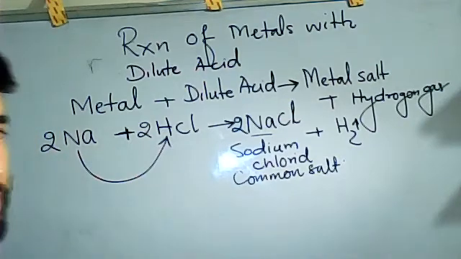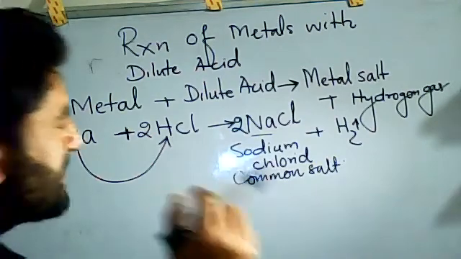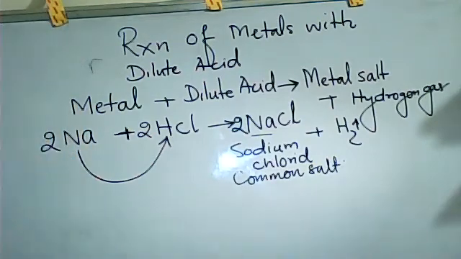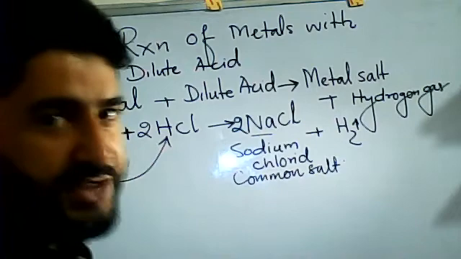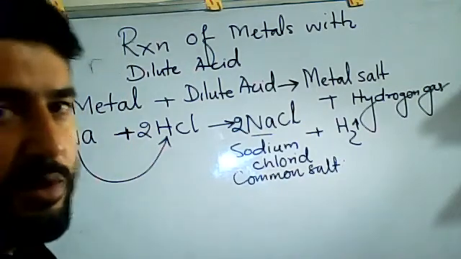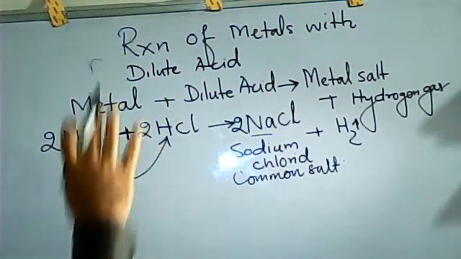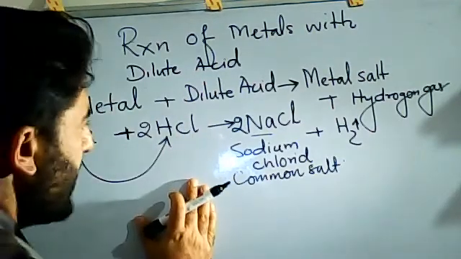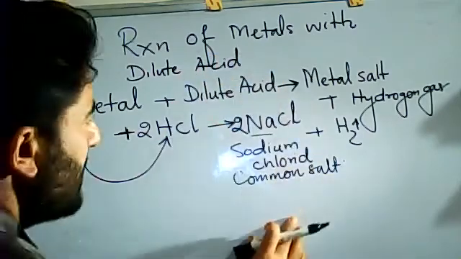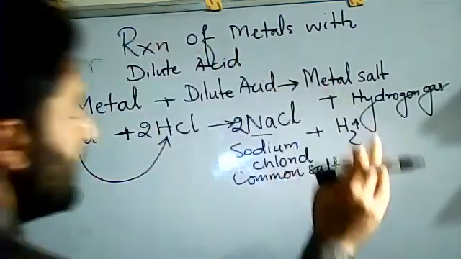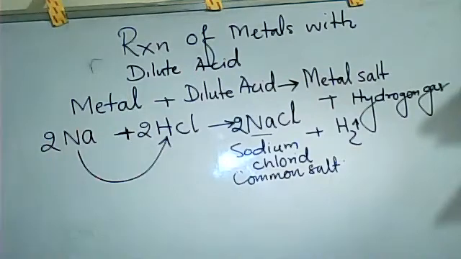If it reacts with sulfuric acid, the salt formed will be a sulfate. And if it reacts with nitric acid, then the salt formed will be a nitrate. So in the first example, we took sodium reacting with hydrochloric acid, forming the salt sodium chloride, and there is liberation of hydrogen gas.